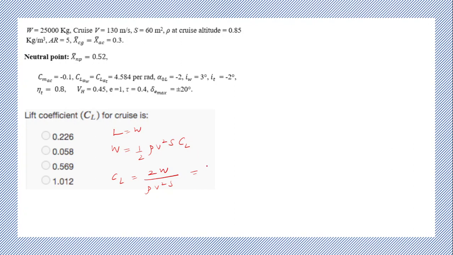They've given you the cruise velocity. So 2 into 2500 into 9.81 by density, which is 0.85, velocity is 130, area is 60. So what is the value of CL? 0.569. So that's this one.